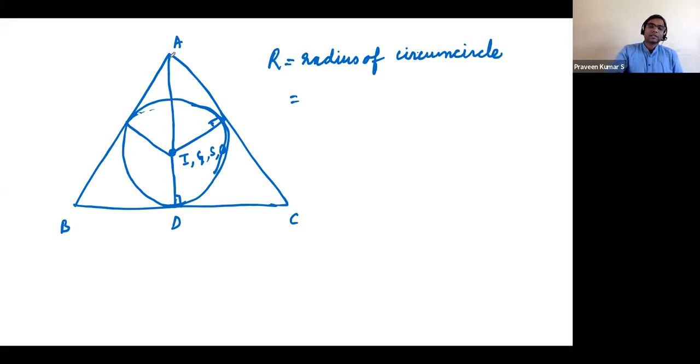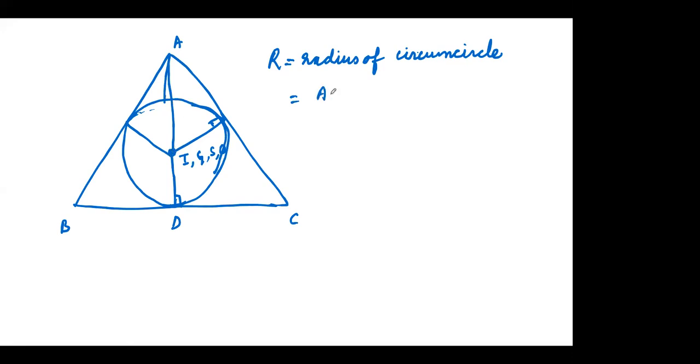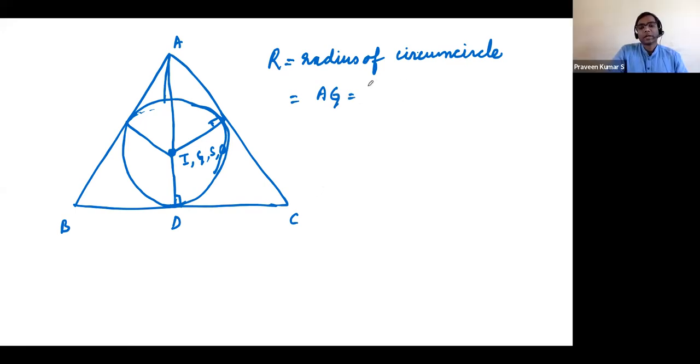Can I say that this is the radius of the circumcircle? AG, right? This is nothing but 2/3 of AD. Am I right?